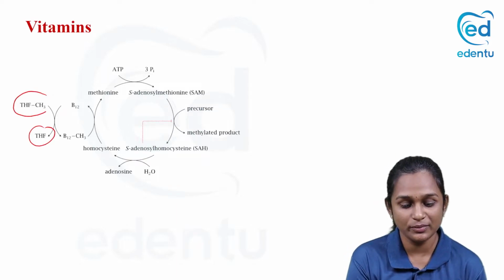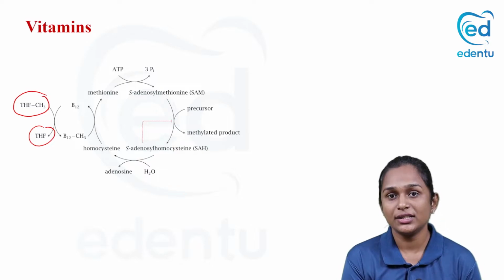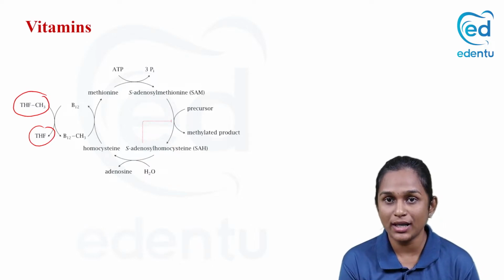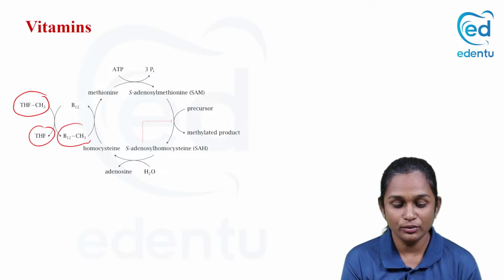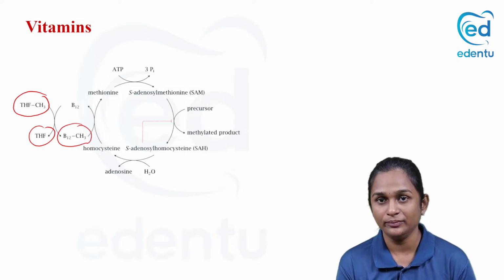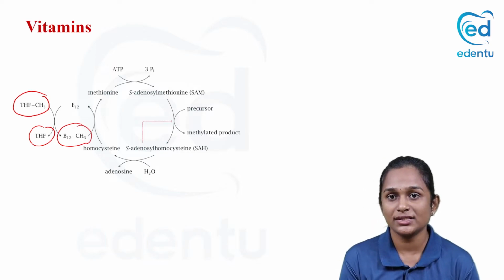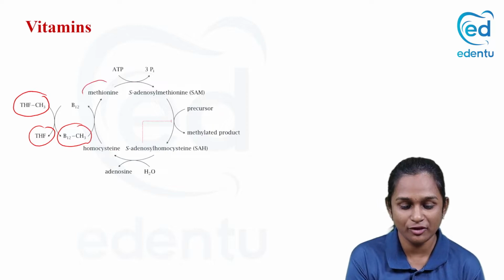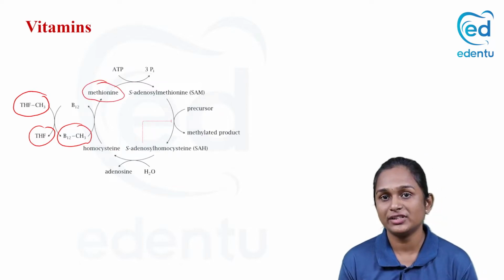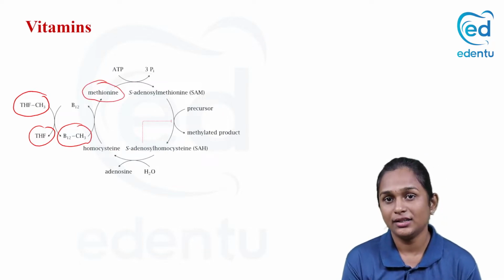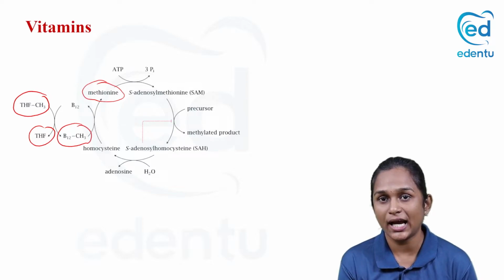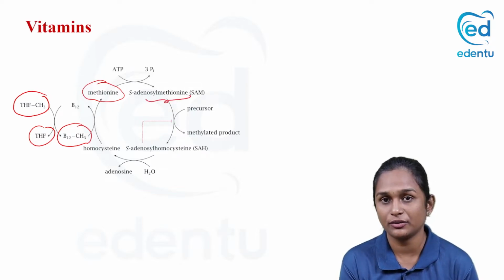Tetrahydrofolate is converted to methyl tetrahydrofolate, and this methyl group is taken up by cobalamin, vitamin B12, to form methylcobalamin. This methylcobalamin donates the methyl group to homocysteine and it forms methionine with the help of enzyme methionine synthase, and this methionine is converted to its active form S-adenosyl methionine.